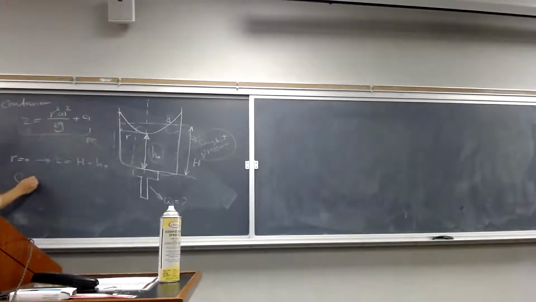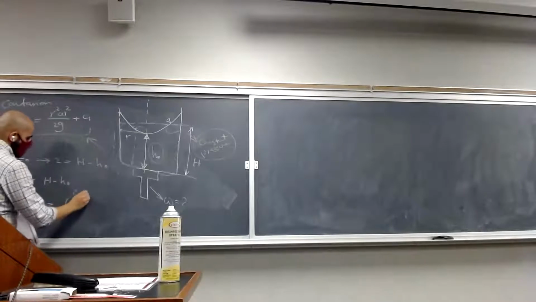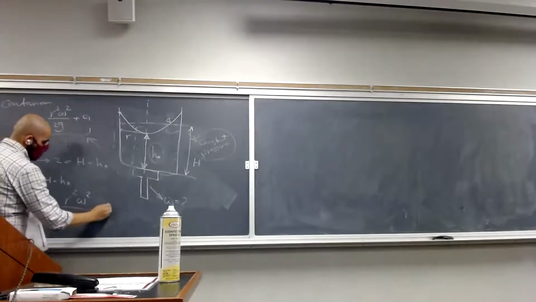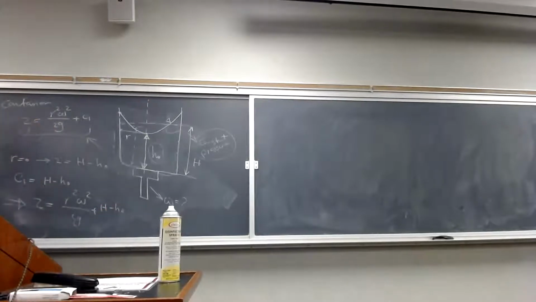So your C1 is going to be equal to H minus H0. So your Z is always going to be equal to R squared omega squared over 2g plus H minus H0.